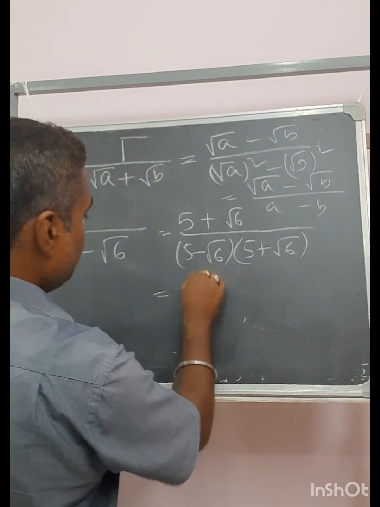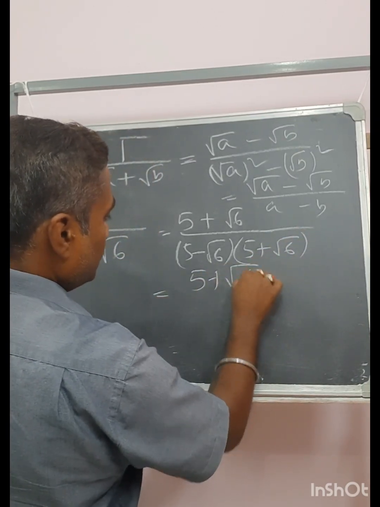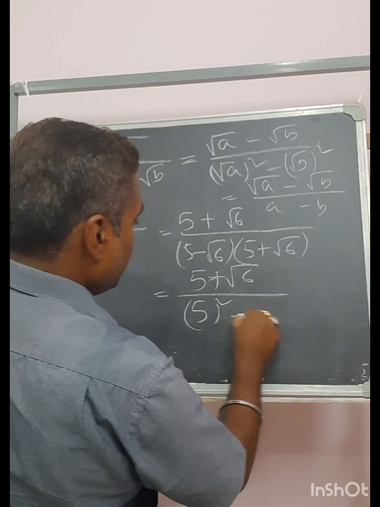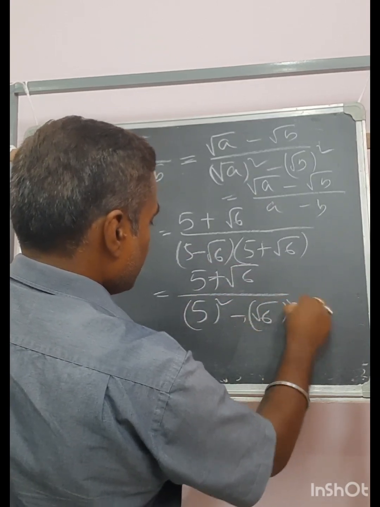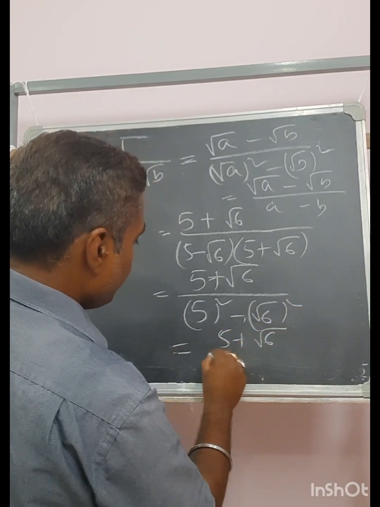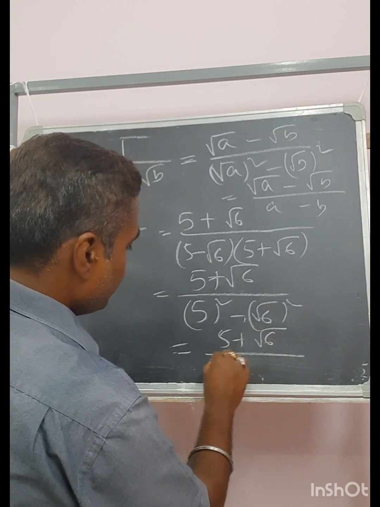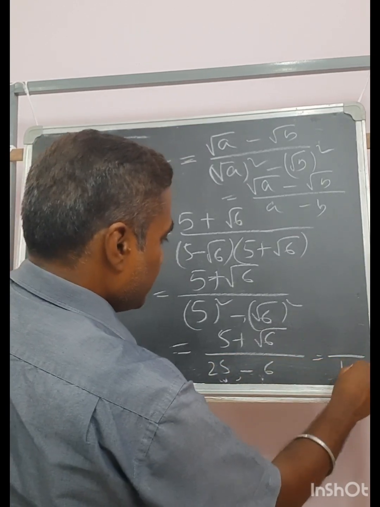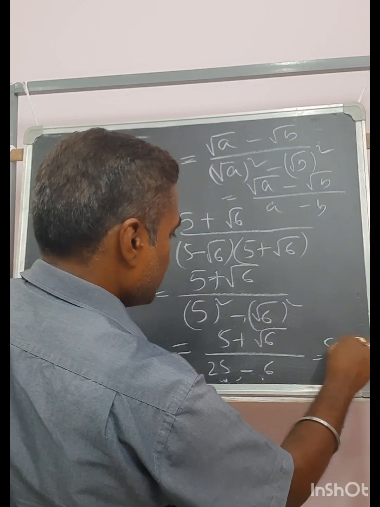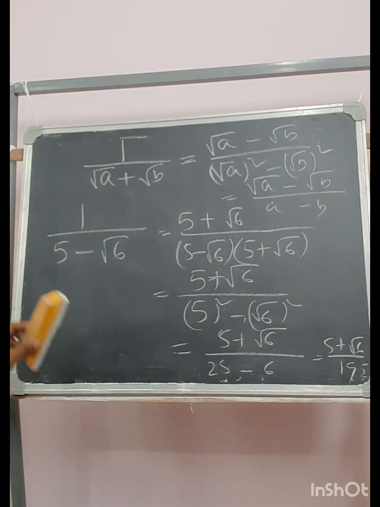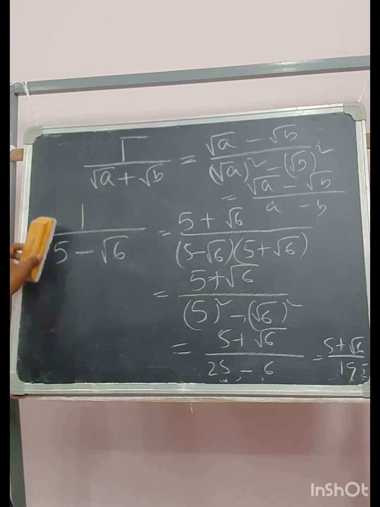So this will give you 5 plus root 6 divided by 5 square minus root 6 whole square. That means 25 minus 6, this will give you 19 at the bottom, and 5 plus root 6 on top. So this way you can rationalize any number. This is one kind of example you may get.